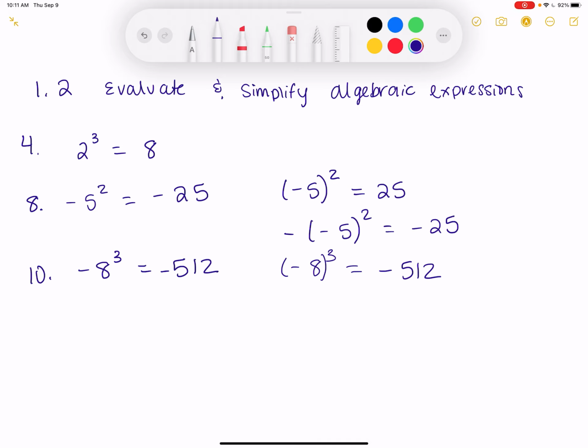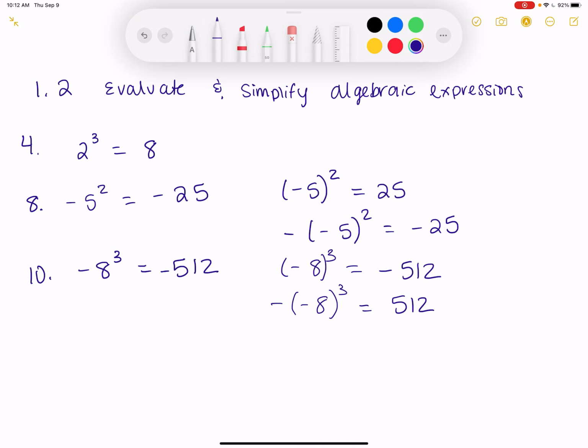But if it's an even power, like 2, 4, 6, 8, things like that, then we have this scenario from number 8 here where the sign will go away if it's in the parentheses. Okay, now like you asked, if you had this scenario here, that's negative 512 times the negative, so then this is just positive 512.